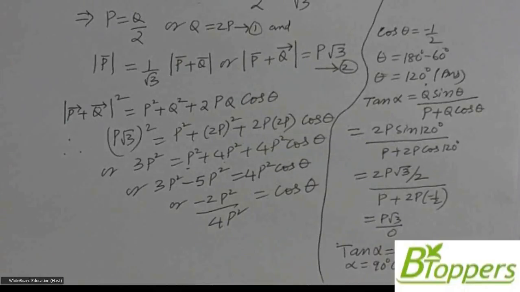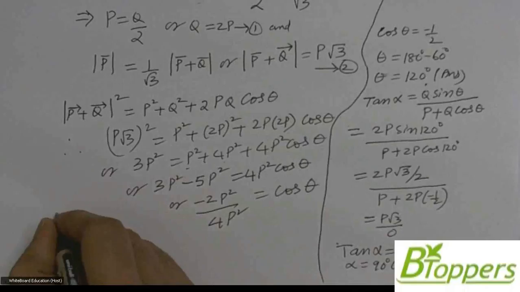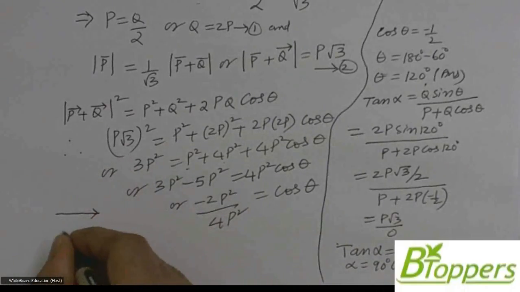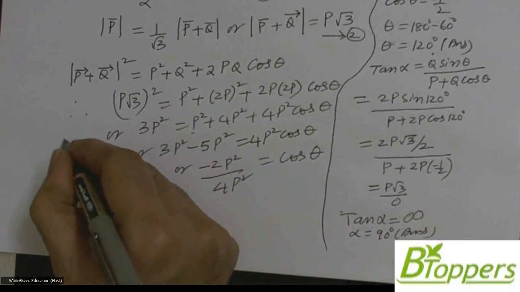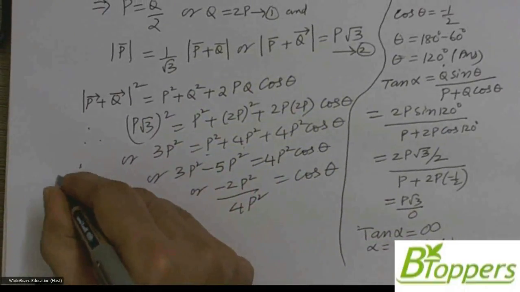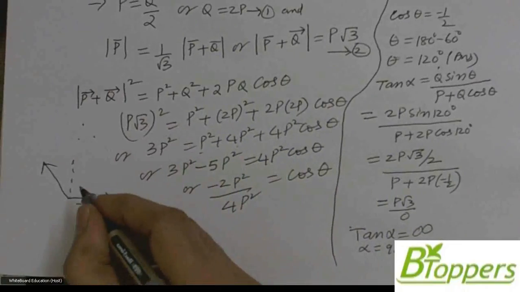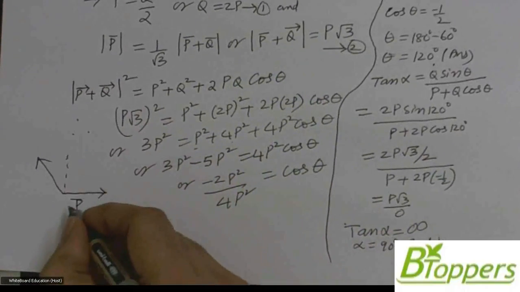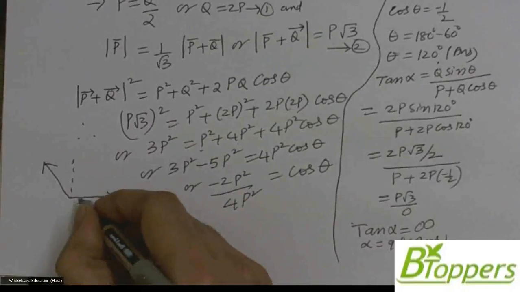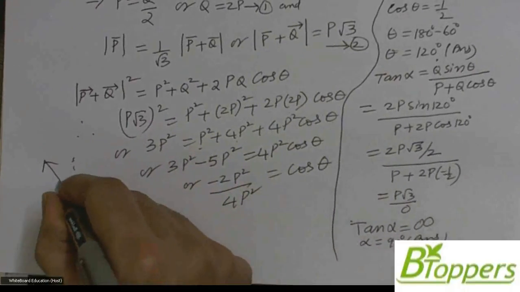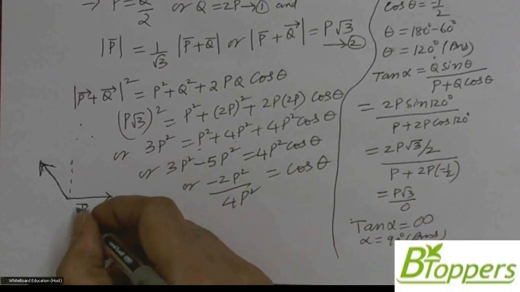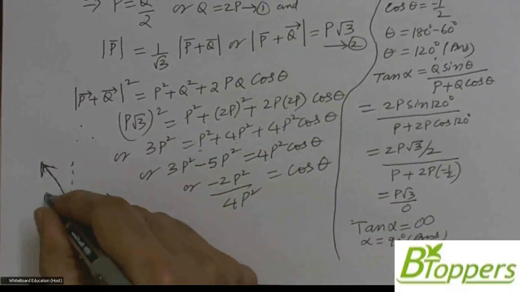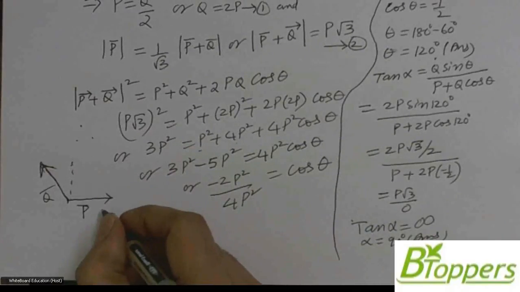We can also represent the vectors graphically by the adjacent sides of the parallelogram. You can draw a parallelogram by representing the vectors p bar and q bar graphically by the adjacent sides such that tail of q bar is attached to tail of p bar like this.